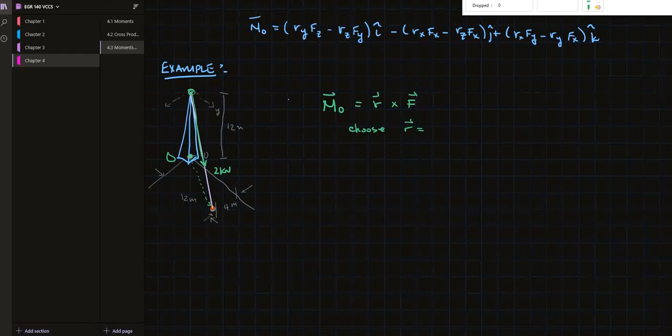So this is Y, this is X, and Z is in this direction. So if I did that, we would have a position vector of 4I plus 12J minus 12K.